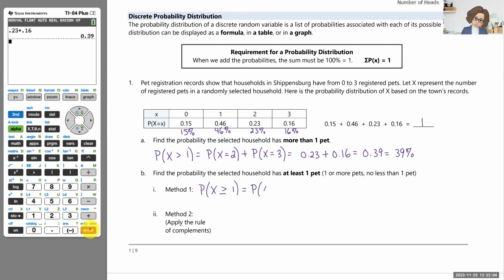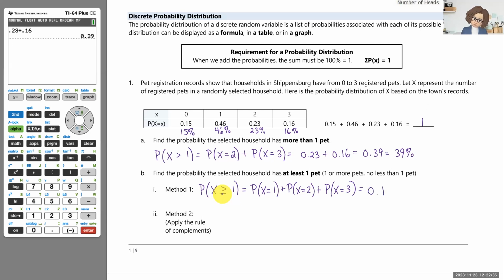So that would include the probability of having exactly one pet or two pets or three pets. All right, so again, just getting used to notation here and the inclusion of our random variable and learning how to change those English phrases into our mathematical symbols. And then we can go through that table and substitute.